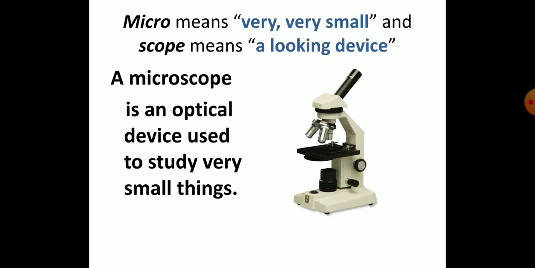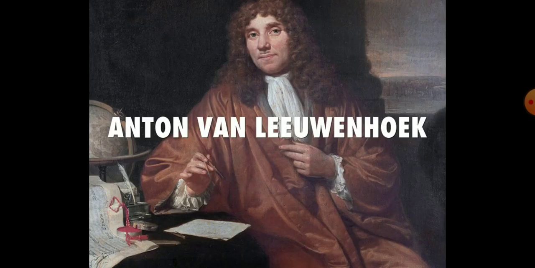The word micro means very small and scope means a looking device. Thus, a microscope is an optical device which is used to study very small things which cannot be seen with the naked eye. The microscope was invented by Antony van Leeuwenhoek.